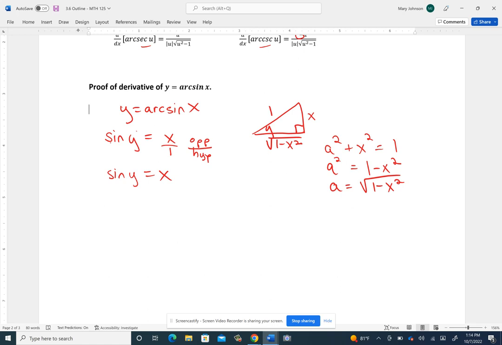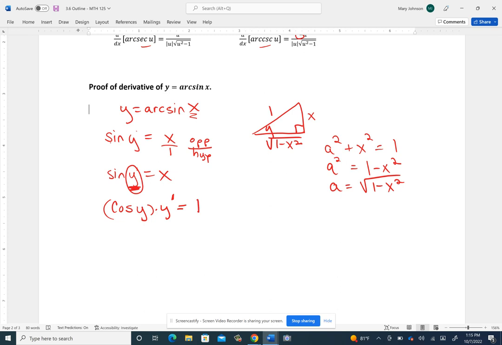So y, remember, is a function of x, right? So when I do the derivative of sine y, I'll get cosine y, but I have to do the derivative of that inside piece. So I'm going to have to multiply that by y prime, because y is a function of x. And then the derivative of x would be 1.